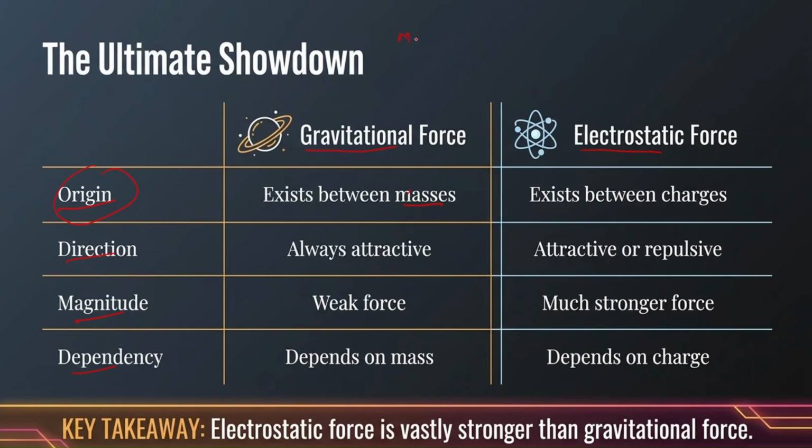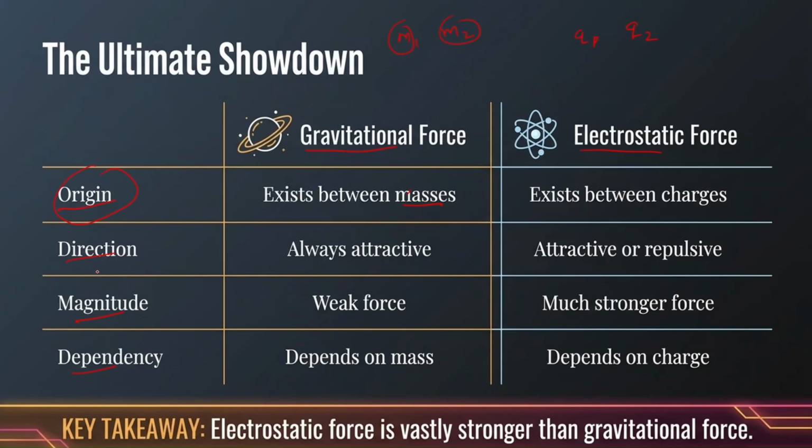If I have masses m1 and m2, they experience gravitational force. But for the electrostatic force, we need two charges, whether positive or negative. On the basis of the nature of the charge, they repel or attract each other.